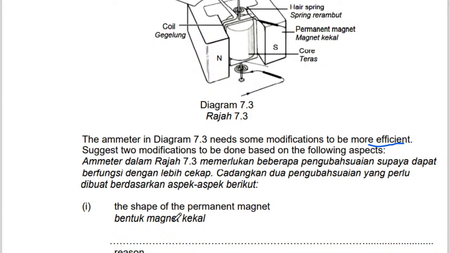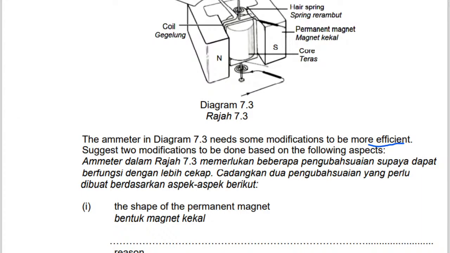Okay, but you see, when I keep on repeating, it means that answer, when the marker marks your paper, they will also do the same thing. They will think first whether to give or not to give. So the safe answer will be if you write radial shape, circular, concave, concave shape or C shape. And then the reason will be you use a radial magnetic field.